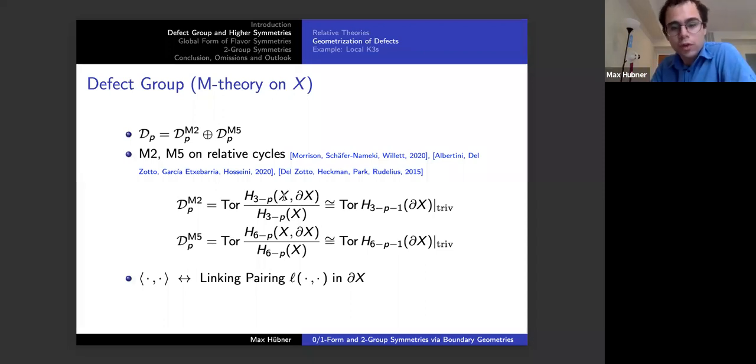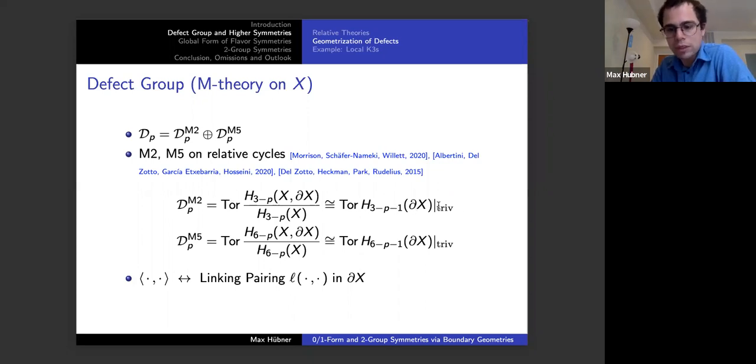Now, there's a nice long exact sequence in relative homology for this pair, and this allows us to rewrite this quotient as, first of all, homology groups purely of the boundary in one degree lower. And here we need to restrict to cycles which trivialize when one includes them from the boundary into the bulk. And this characterization over here is very intuitive.